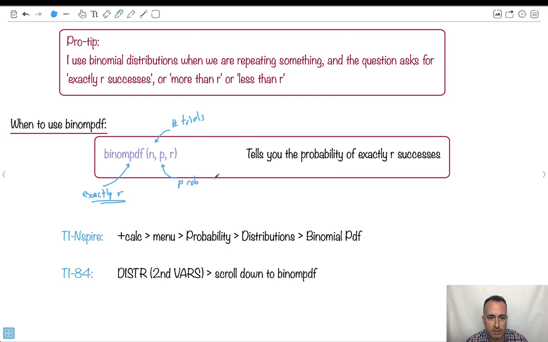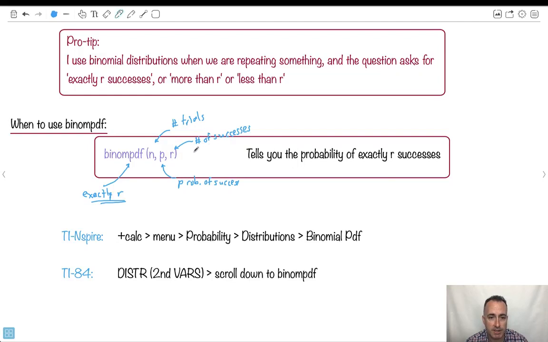That's the important thing here. And here we're looking for r successes, the number of successes we're looking for. So if we say, hey, what's the probability of getting exactly 5 successes, and we repeat this 22 times and the probability of success is 0.2, then you put in binom PDF and away you go.